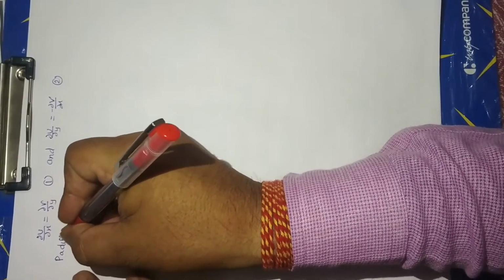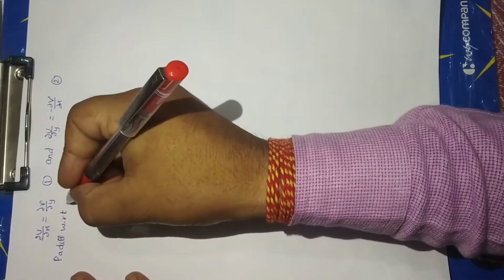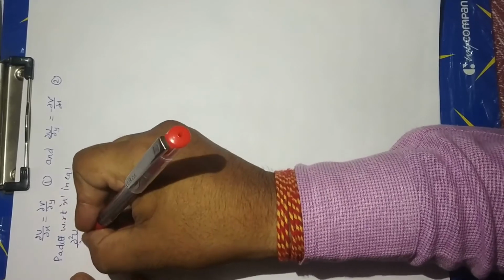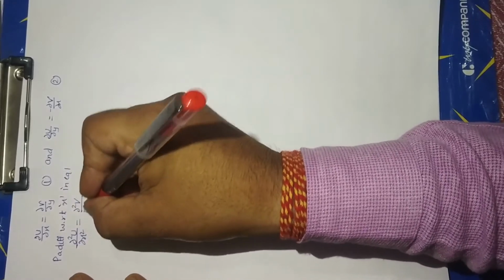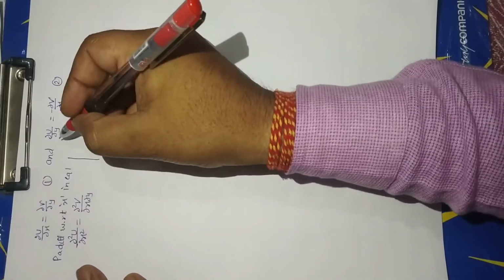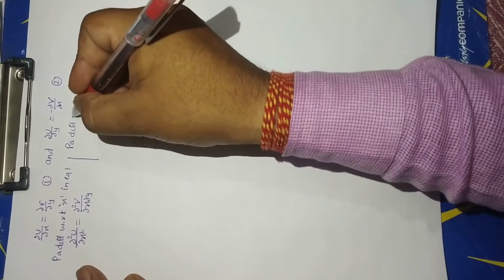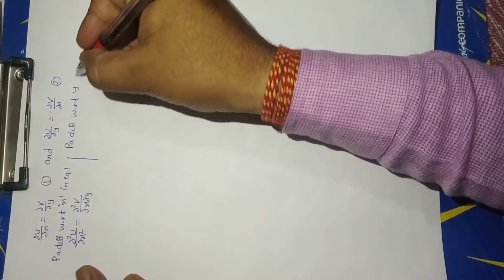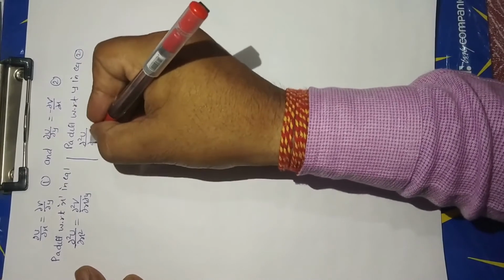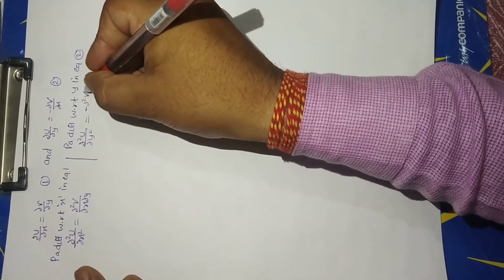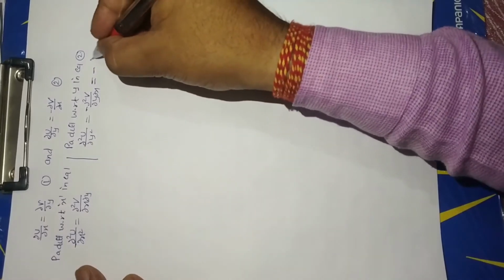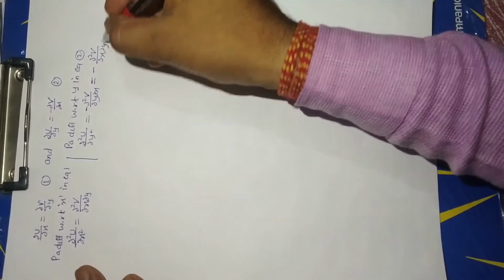Now partial differentiation with respect to x in equation 1: del 2u upon del x2 equal to del 2v upon del x del y. Similarly, partial differentiation with respect to y in equation number 2: del 2u upon del y2 is equal to minus del 2v upon del y del x, which is equal to minus del 2v upon del x del y.